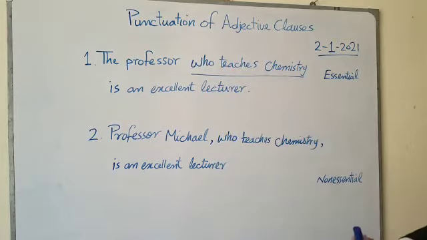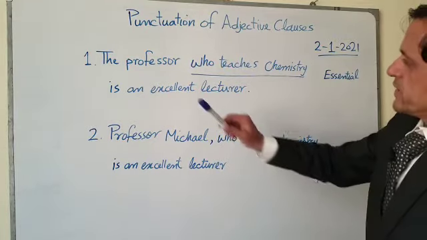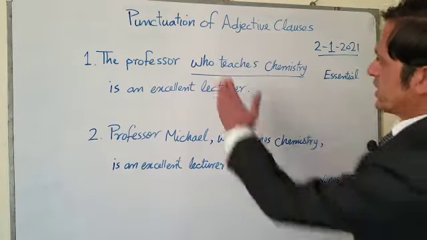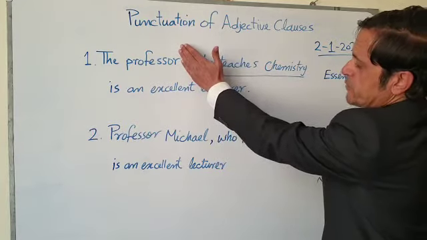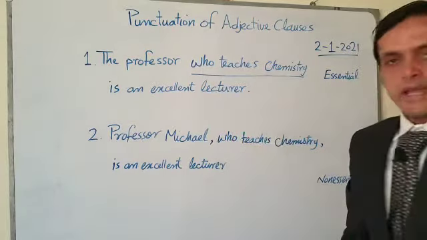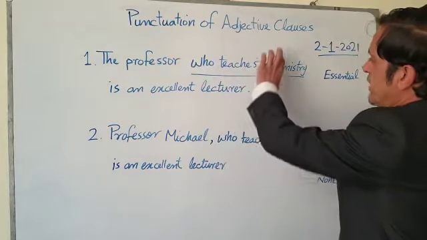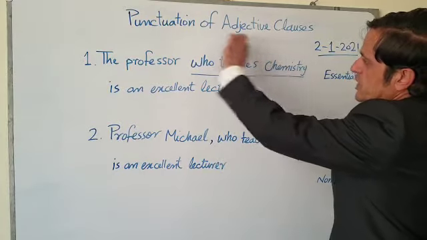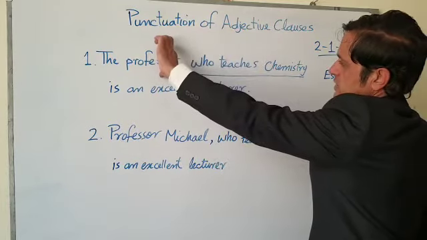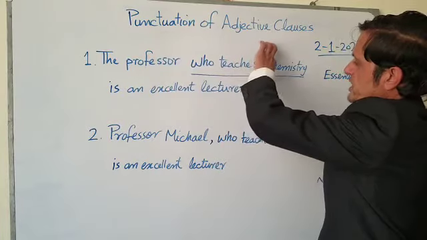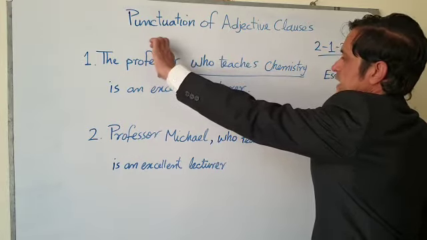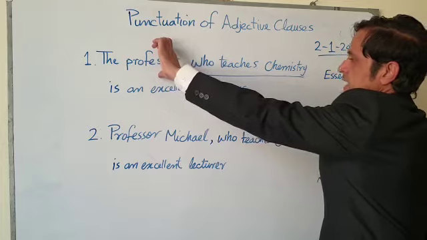Now you will be a little bit confused, but I want to explain. For example, if you say the professor is an excellent lecturer, if we remove this adjective clause, the picture is not clear about who the professor is. So when we put the adjective clause who teaches chemistry with this professor, it gives an identification to this professor, and through this adjective clause we know that this professor who teaches chemistry is an excellent lecturer.